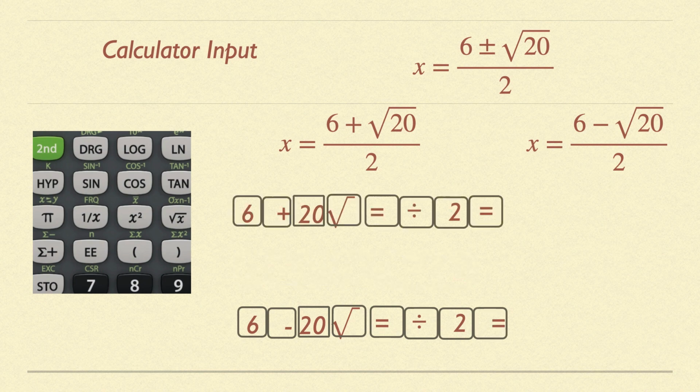So what happens when I put these into the calculator? Take a moment, pause my video right here, and find the answers, at least for the first one. When you're ready, restart the video and see if you get the same thing on your calculator that I get on mine.